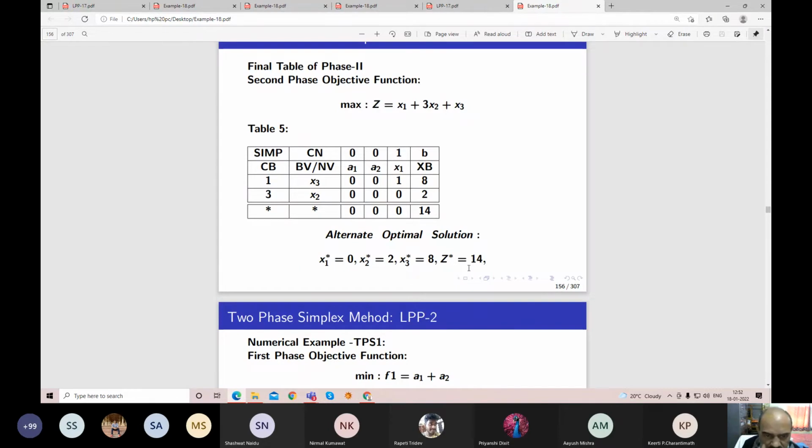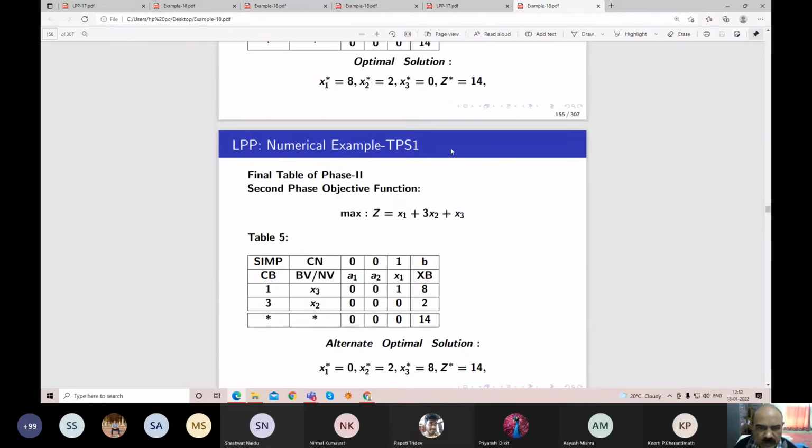So we have got two solutions. With respect to these two optimal solutions, this problem has an infinite number of optimal solutions. Once we have detected two, that is 8 to 0 and 0 to 8.